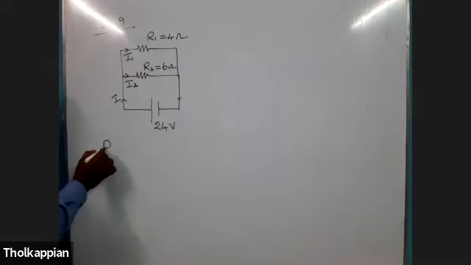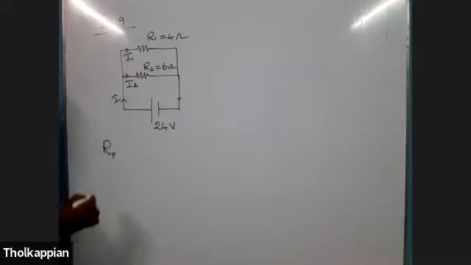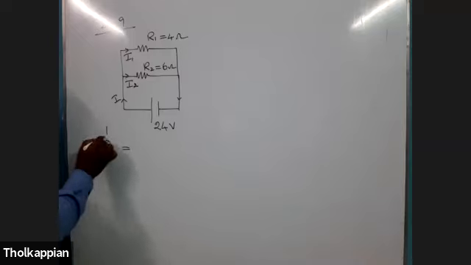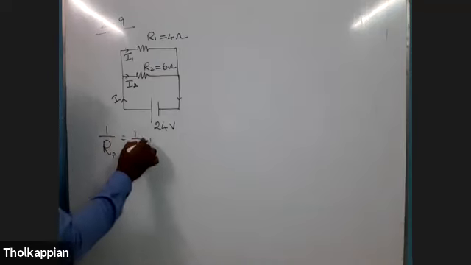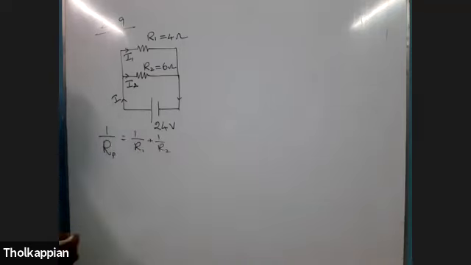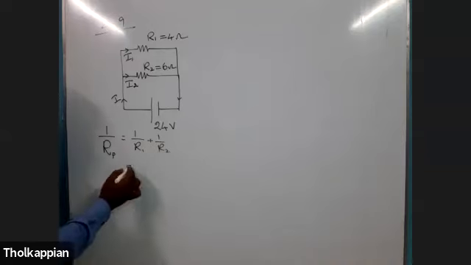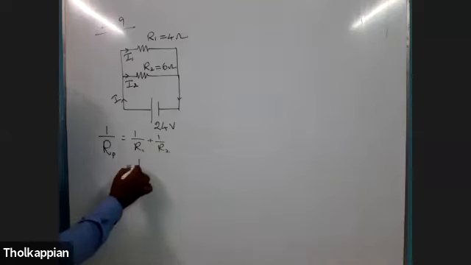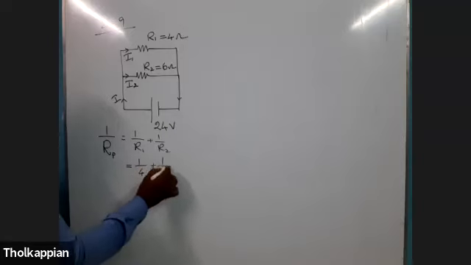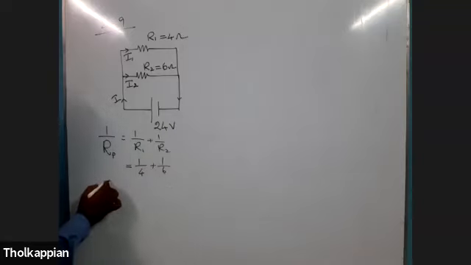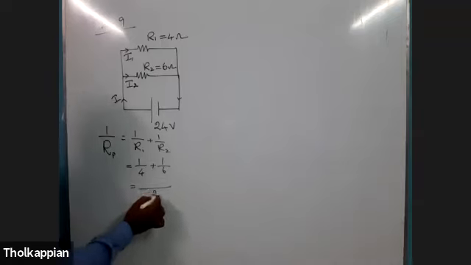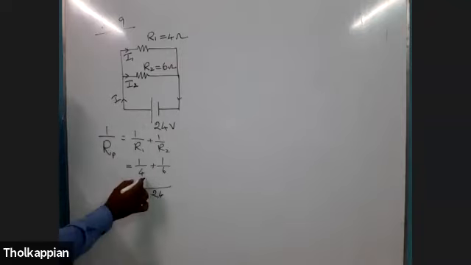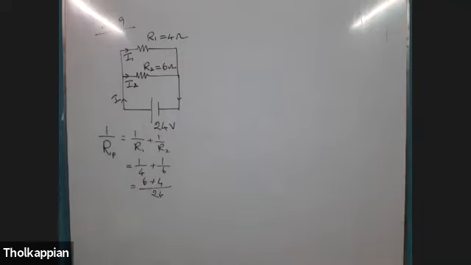The total resistance for resistances in parallel, RP: 1 by RP is equal to 1 by R1 plus 1 by R2, which is 1 by 4 plus 1 by 6. Taking LCM 24, 6 plus 4 will come.